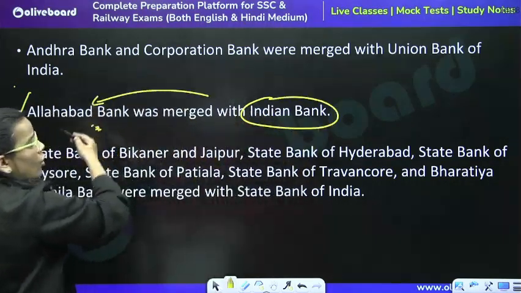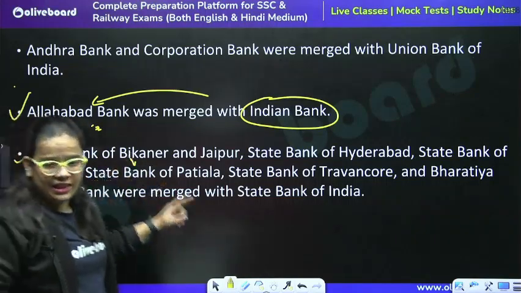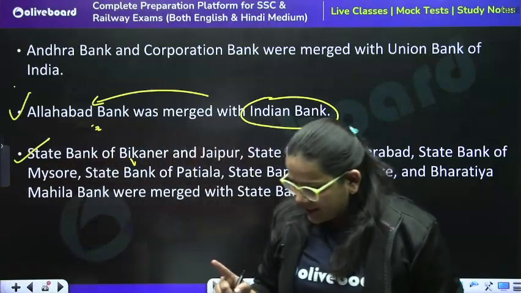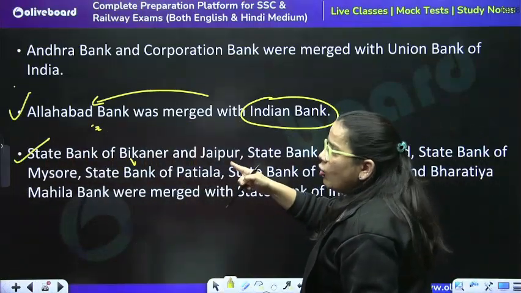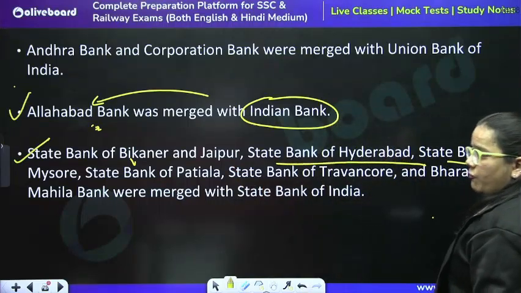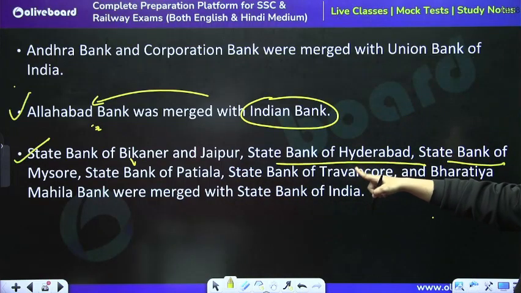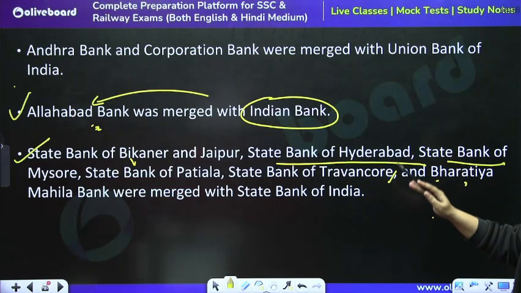This was the oldest bank, as we know. State Bank of Bikaner and Jaipur, State Bank of Hyderabad, State Bank of Mysore, State Bank of Patiala, State Bank of Travancore, and Bharatiya Mahila Bank. I think in yesterday's class, someone was asking for the subsidiaries.